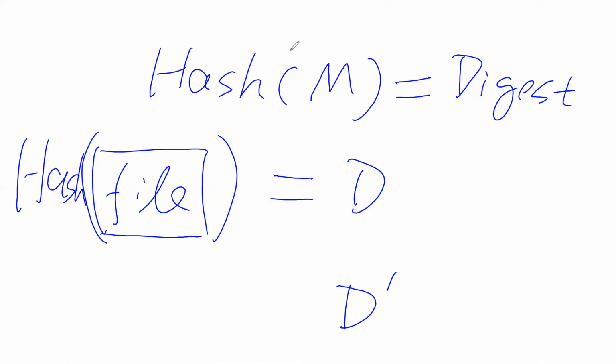If D prime is equal to D, that means the file that he downloaded is equal to the file that is intended to be. If D prime is not equal to D, that means the file that he downloaded from the internet has been tampered with, so that it's not the same as the authenticated file. So they need to be very careful.